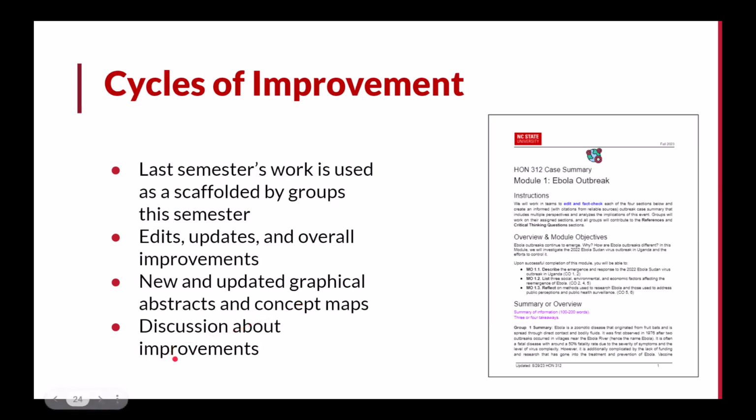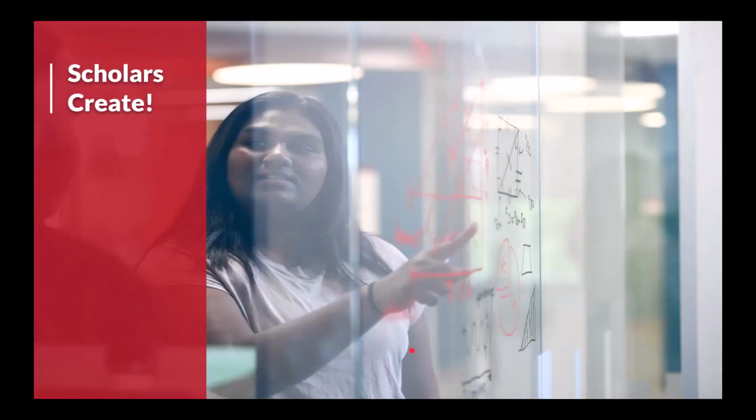There's discussion about improvements, and we highlight this by saying, Module 1, we will revisit what groups created last semester, and we will edit and fact check and improve. Do you agree with Group 1 from last semester's course? Do you agree with their group summary? How can you improve it?